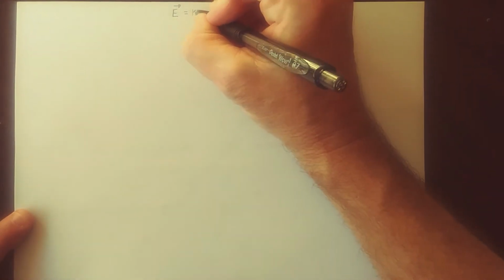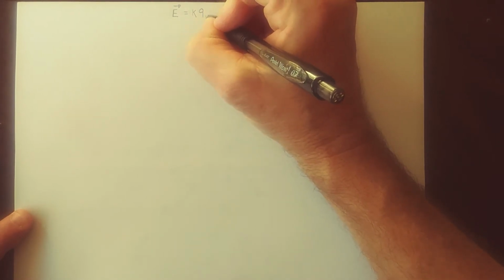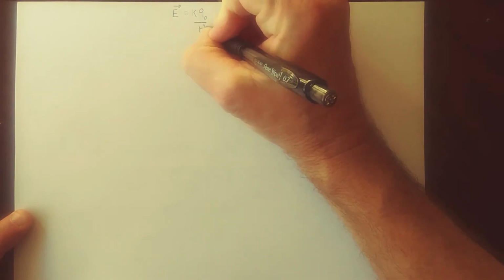Okay, so we're playing around with electric fields. Here's our expression for the electric field produced by a particle of charge q, or in this case, let's make it q naught. Okay, it looks like that.